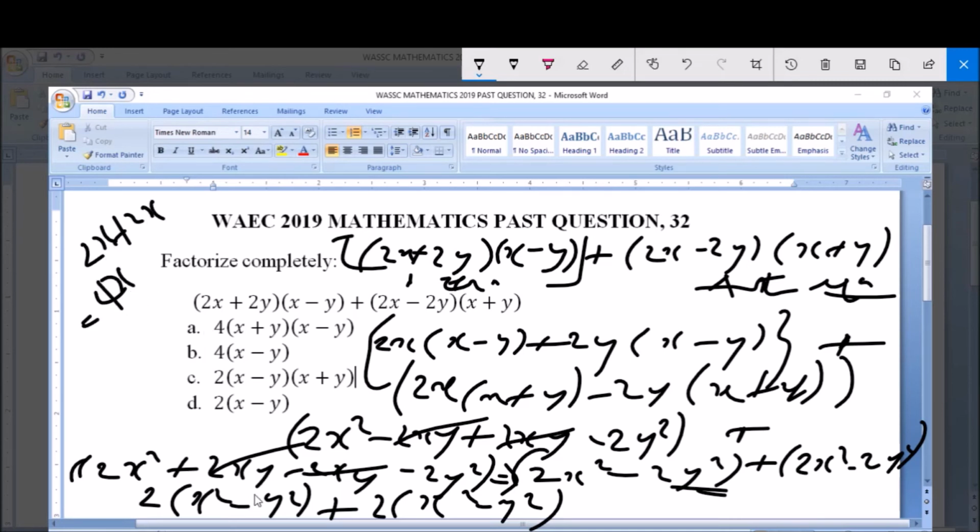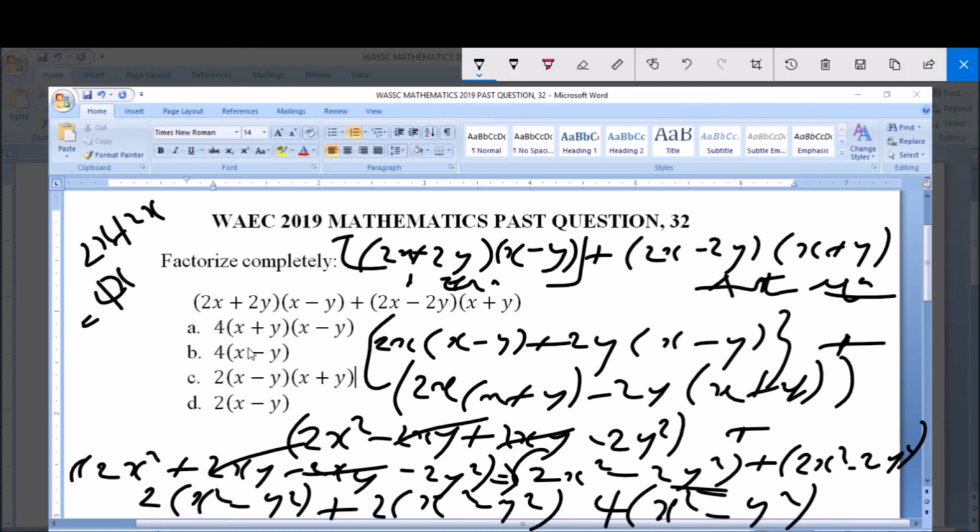So we now have 2 into x squared minus y squared plus 2 into x squared minus y squared, which gives you 4 into x squared minus y squared, and that's the answer to this question.